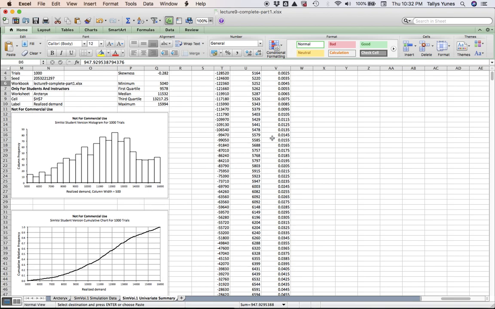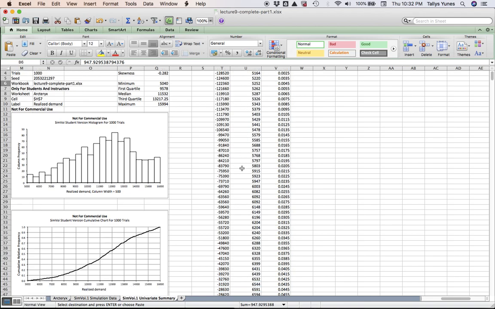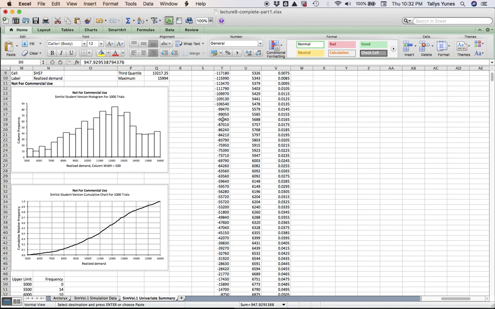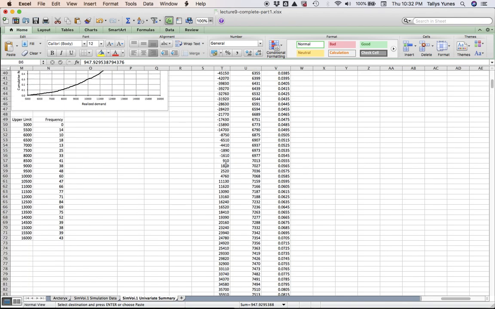Okay, so if I want to know now, for example, what is the chance that I will lose money, right? Have negative profits. So these are the profits. If I scroll until I see the closest value to a 0 is here. What is the chance of that? I have a 5.5 roughly % chance of having negative profit.